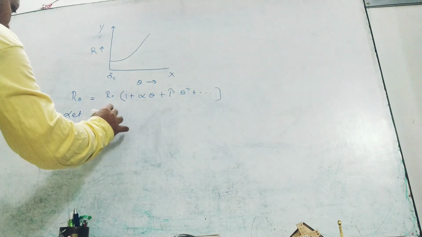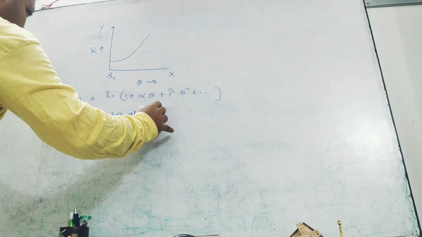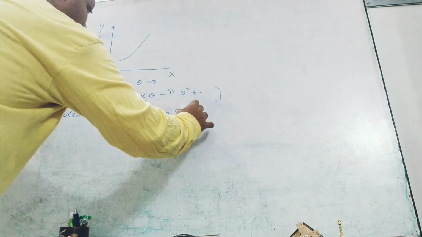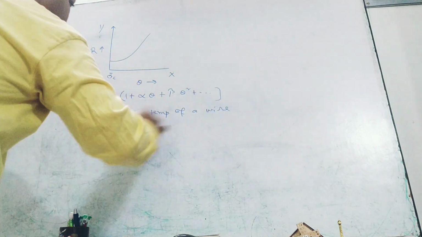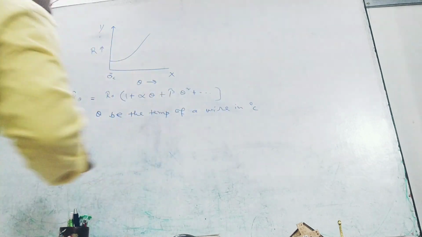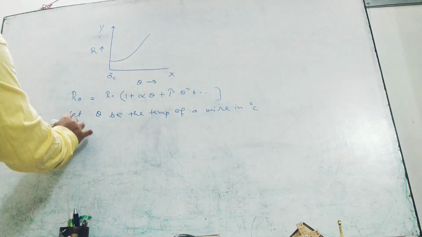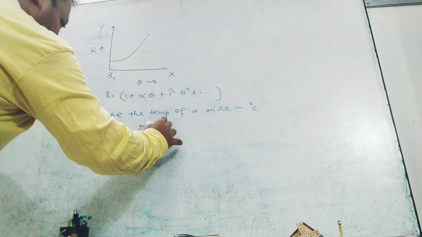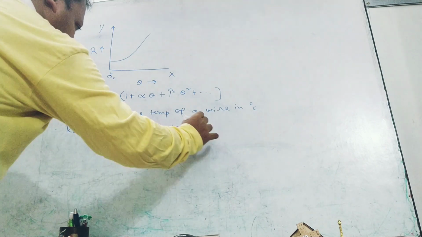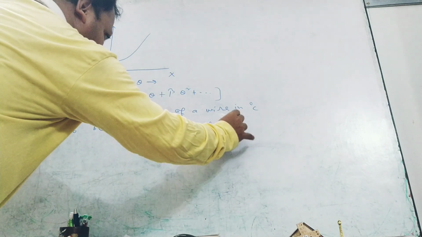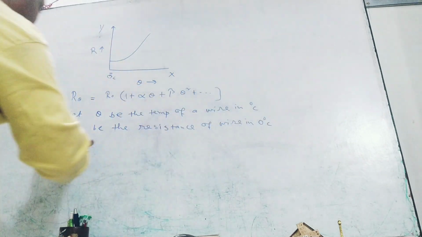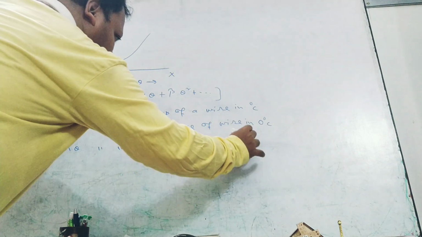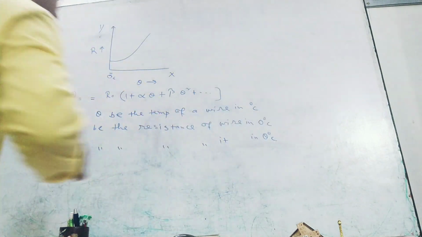Let theta be the temperature of a wire in degree Celsius, R0 be the resistance of the wire at 0 degree Celsius, and R theta be the resistance of it at theta degree Celsius.